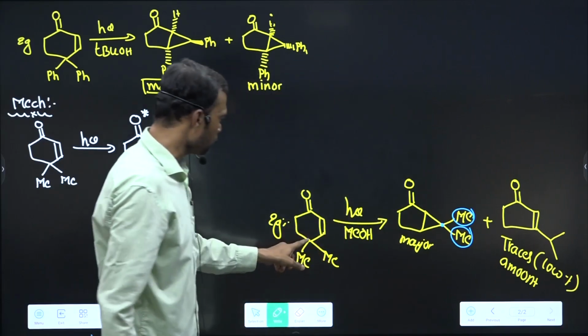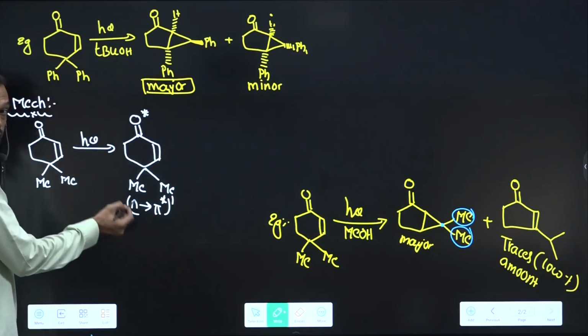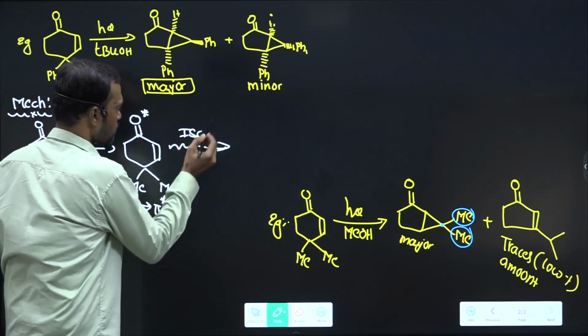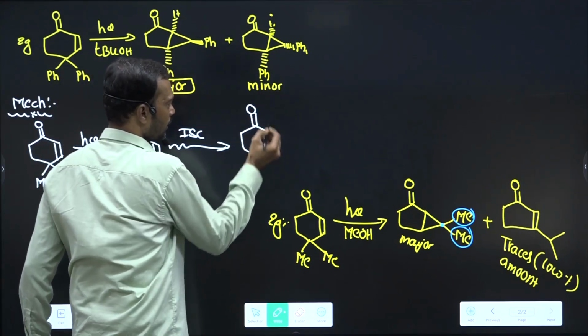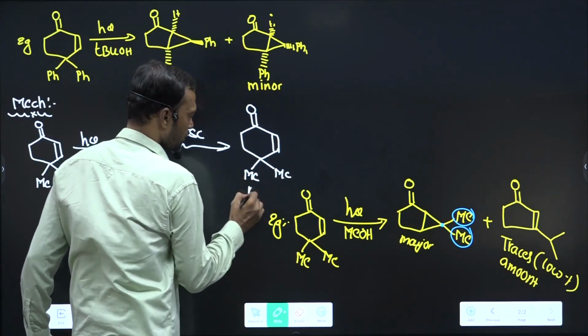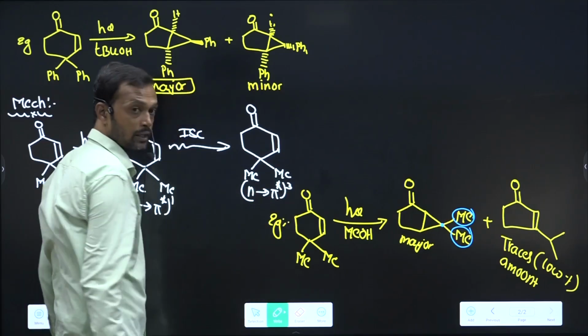If it is a 6-membered ring, at the 4th position 2 alkyl groups are present. Now first, what happens photochemically? n to pi star you will get. Then it goes for intersystem crossing. Then what will you expect? Here you will expect a methyl and here it is methyl. Then what will you expect? n to pi star, what is this? Triplet, right?